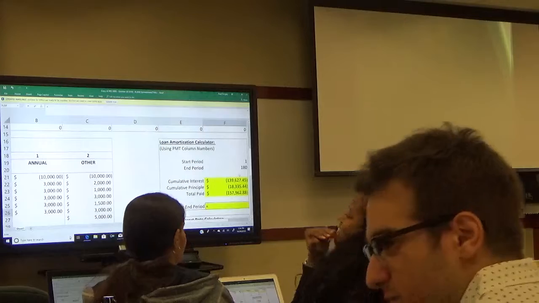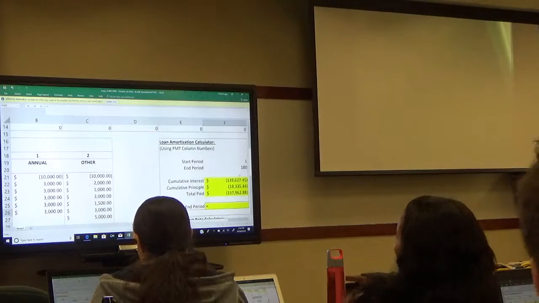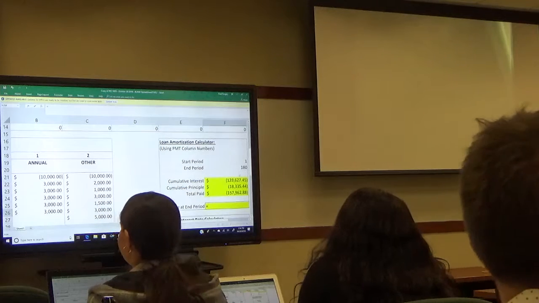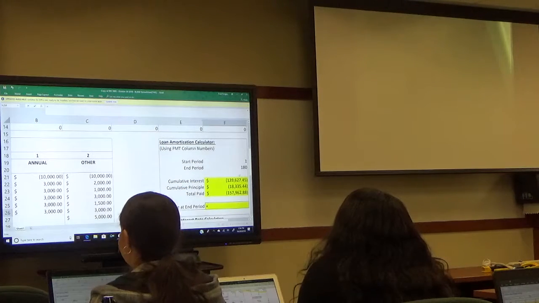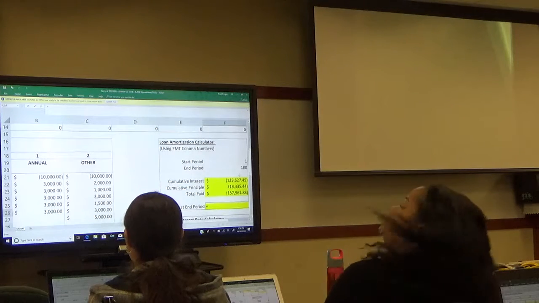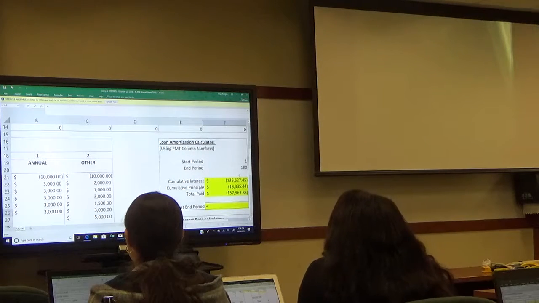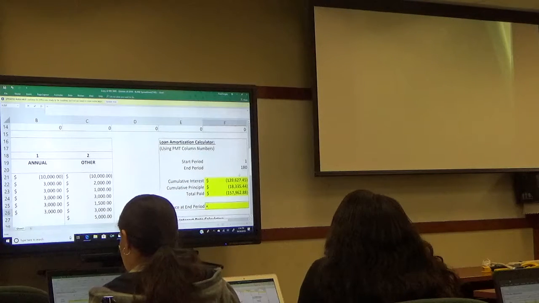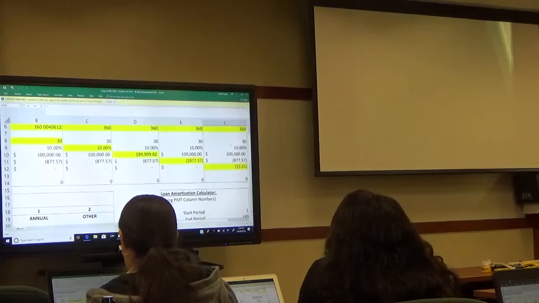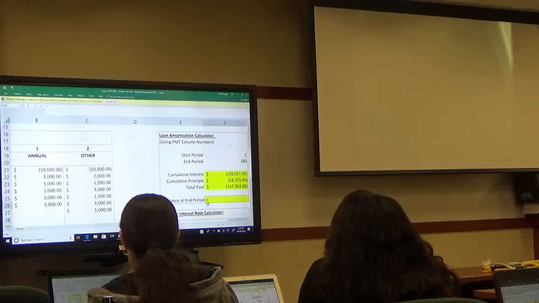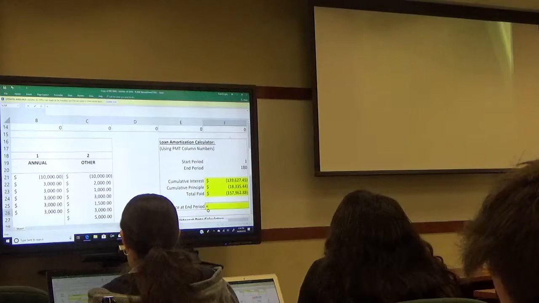I missed it. Okay. Now, what we want here is the loan balance at the end of that particular period. So in essence, we can simply say it's 100,000 minus the cumulative principal.